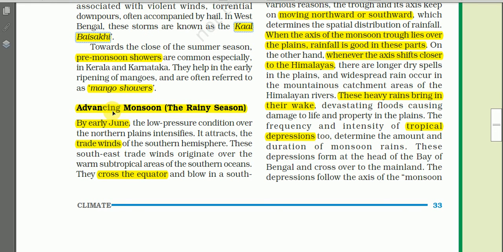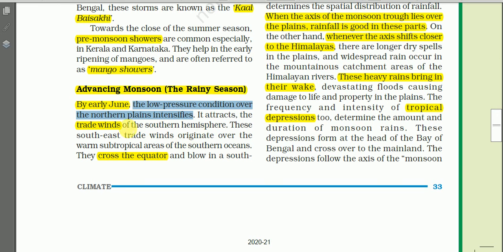The next important season is the advancing monsoon or the rainy season. This season covers 4 months, that is June, July, August, September. So let us read. By early June, the low pressure condition over the northern plain intensifies, and it attracts trade winds of the southern hemisphere.